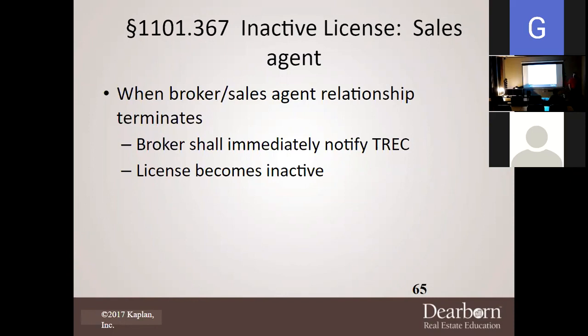That's what I always tell people: if you're going to leave a firm, any firm, you should always just go to the other broker and get sponsored by that broker so there is no lapse in activity. You see what I'm saying? Because otherwise, if you go inactive and you're negotiating, say you and Travis are doing a deal, and you get terminated, you're inactive, and you continue to make any phone calls, you are breaking the law. Okay.